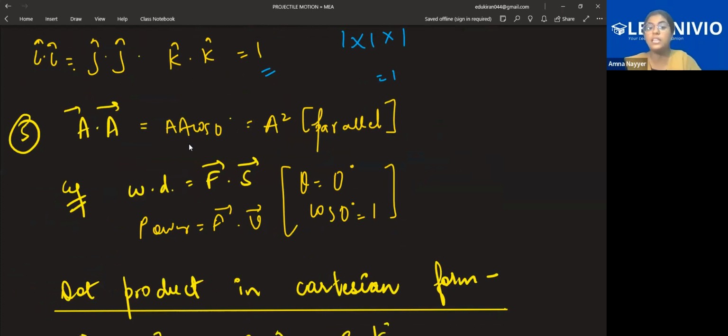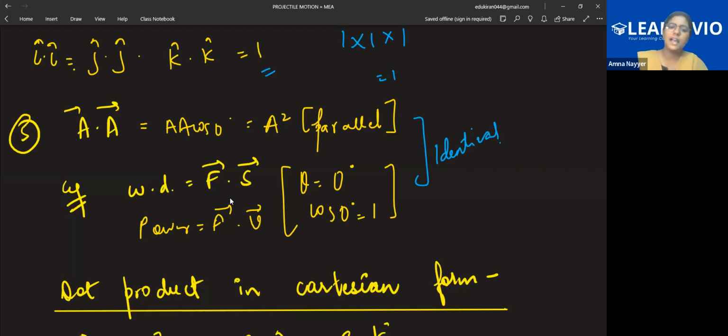So when you have like vectors, a dot a, meaning the exact same vectors, it just becomes the square of the first. Fine. A dot a, f dot f, s dot s, this is the case for identical vectors.